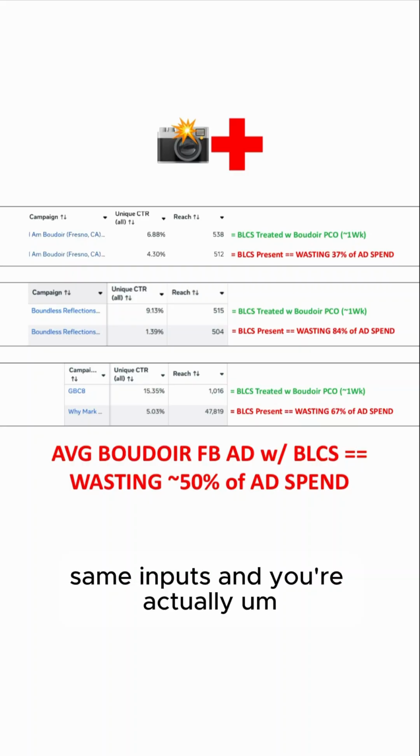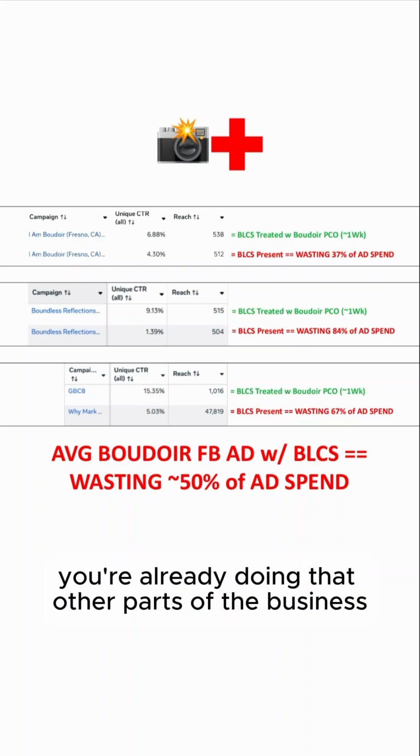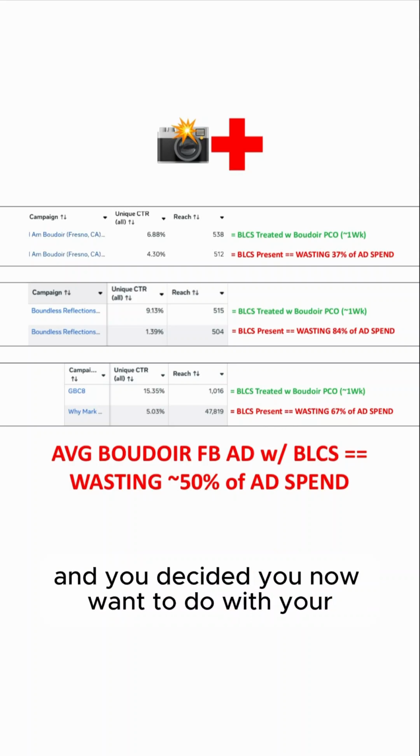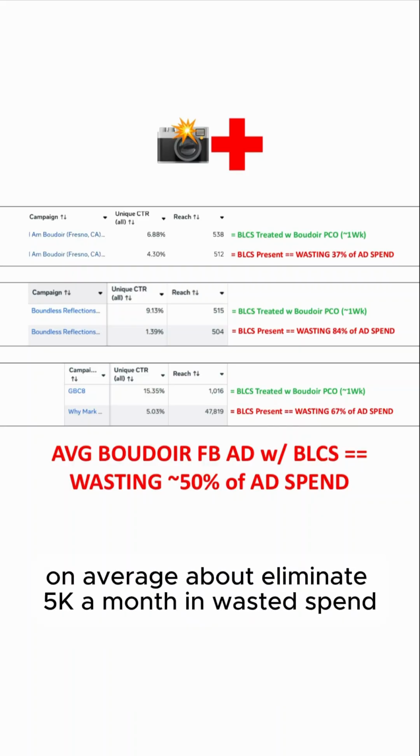And so you've been optimizing other parts of the business, pulling more profit out of the same effort or same inputs. And you've decided you now want to do it with your Facebook ad portion of the business, because you've seen that Boudoir Pico can save, on average, about 5K a month in wasted spend.